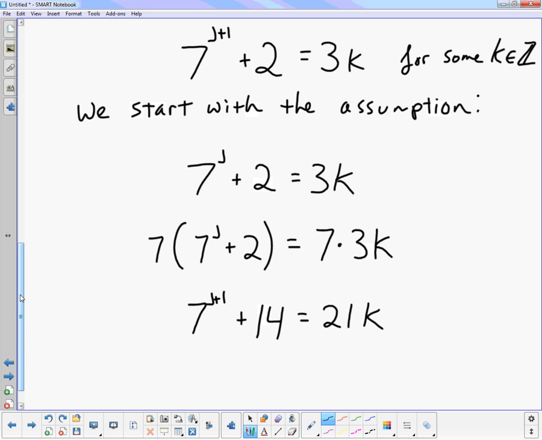How do I get it to look the way I really want it to look? I mean, what can I do to this to keep going? Because what I really want is the thing at the top of the page. How do I turn that bottom line into that top line? Well, I don't want all of the 14 off to the other side. Yeah, that would put me back where I started. I don't want all of the 14 there. I only want a little bit of the 14.